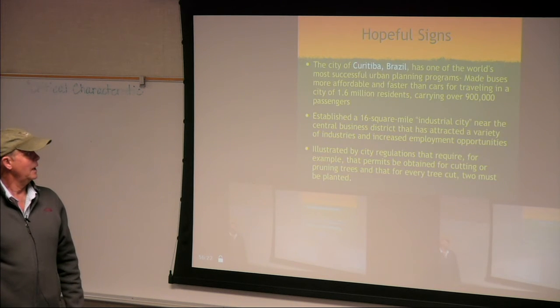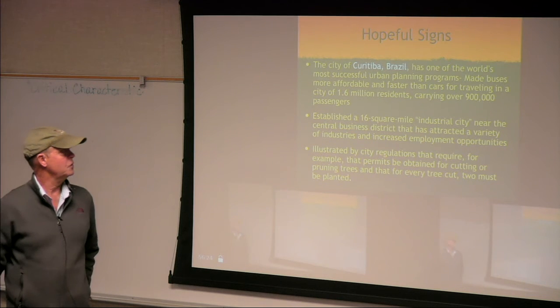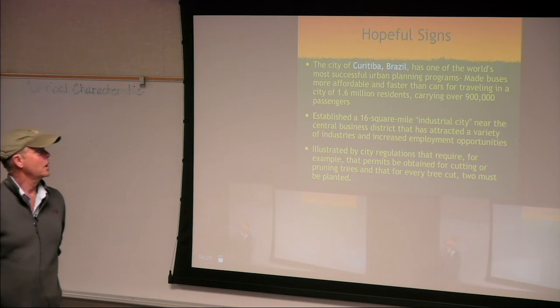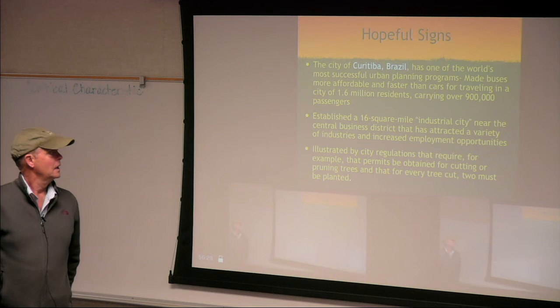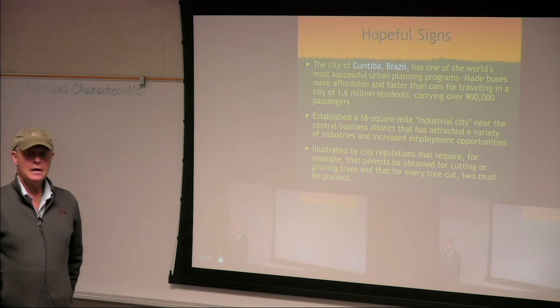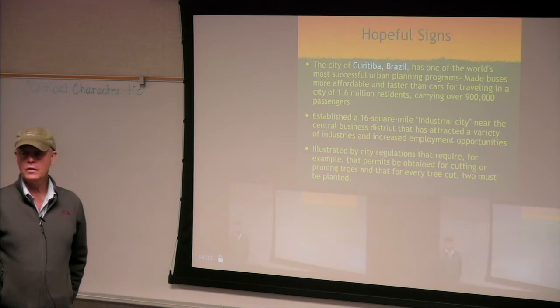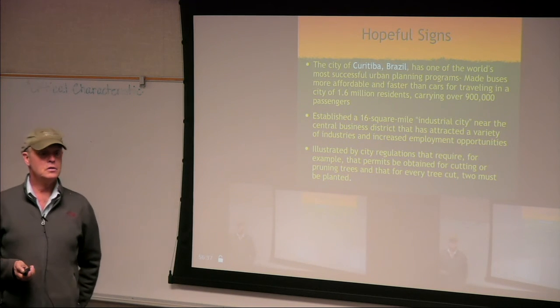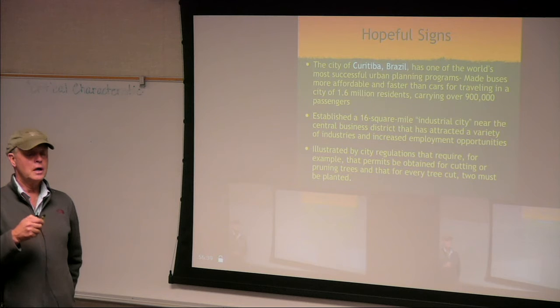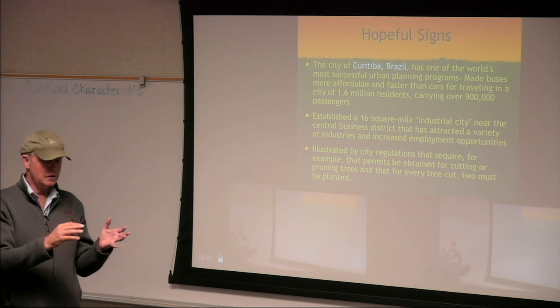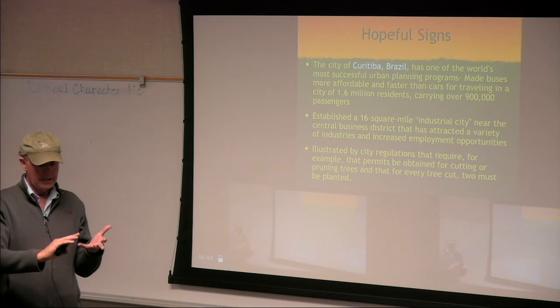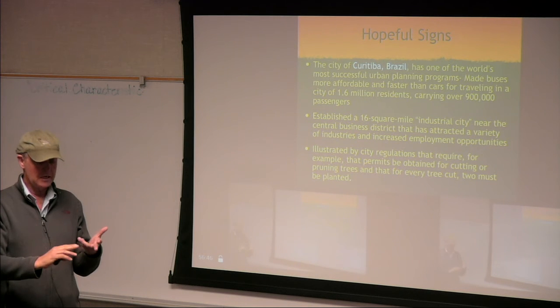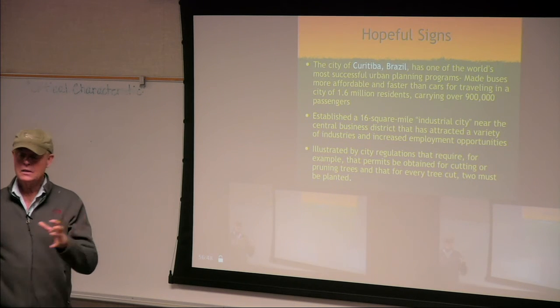Okay? And hopeful signs, there's a few cities. This is out of the book, Curitiba, Brazil, where they've done an eco-city. So far, folks answering the eco-city question on the final aren't doing such a good job. You've got to take the sustainable principles of biodiversity, chemical recycling, and solar, and apply it to an eco-city.